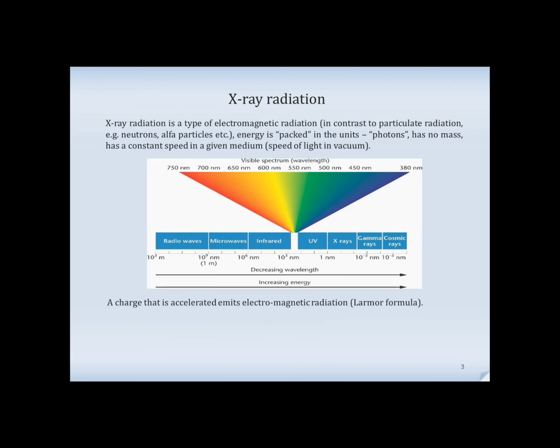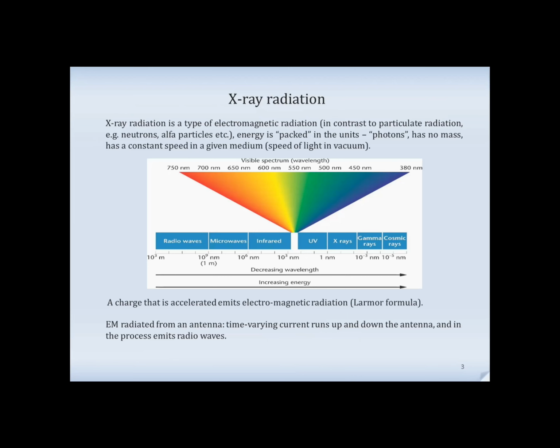It will emit electromagnetic radiation, and depending on the circumstances, it can emit in the X-ray energy range. The easiest example in everyday life is an antenna, a usual antenna you can find in your mobile phone.